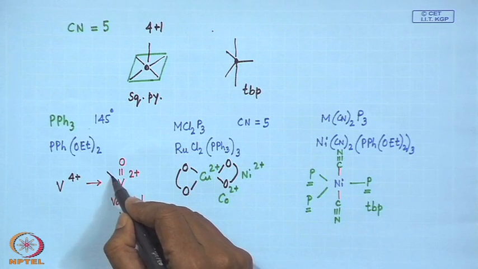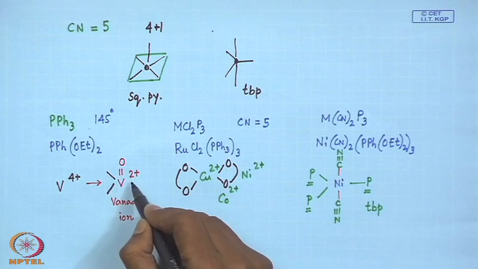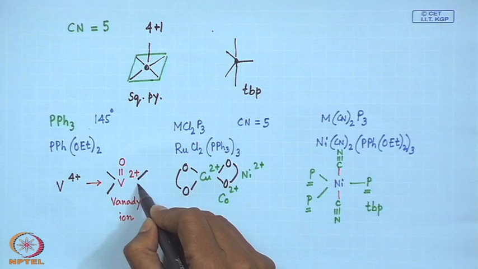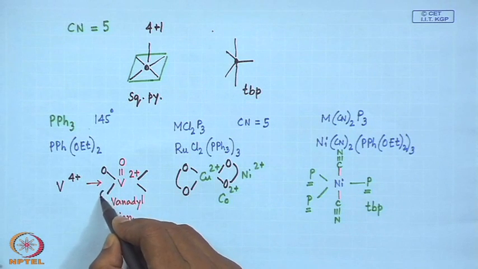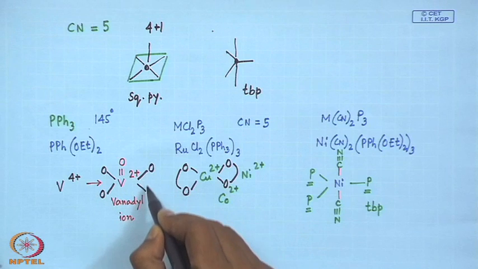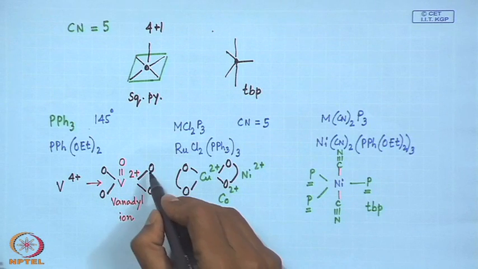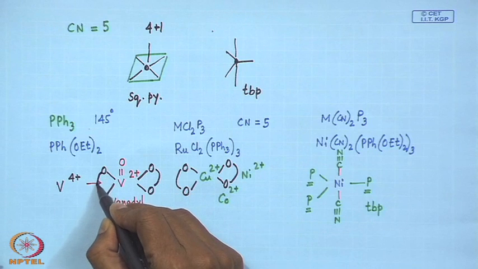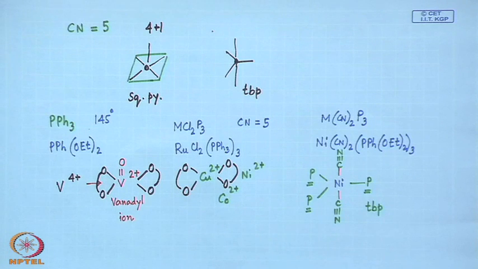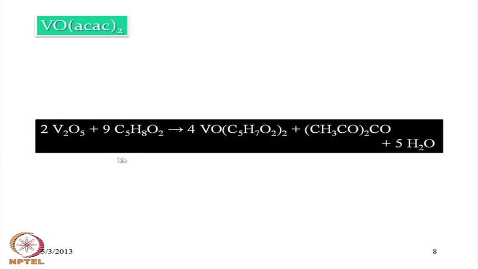So, the same Vanadyl ion can bind in a similar fashion with 4 of the oxygen atoms of 2 acetyl acetone molecules, and we get the corresponding VO(acac)2 molecule, which can be directly obtained from vanadium pentoxide.